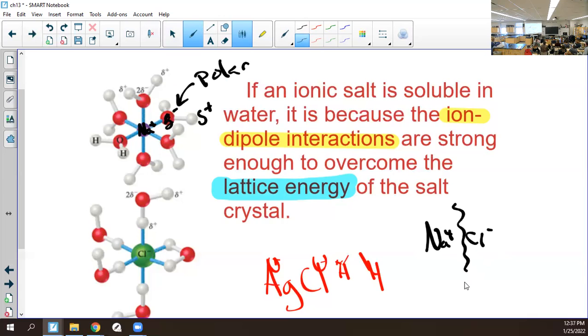So if they're going to break, then ion dipole wins over lattice. If they don't, then lattice structure beats ion dipole. Fair enough? All right, you guys are awesome.